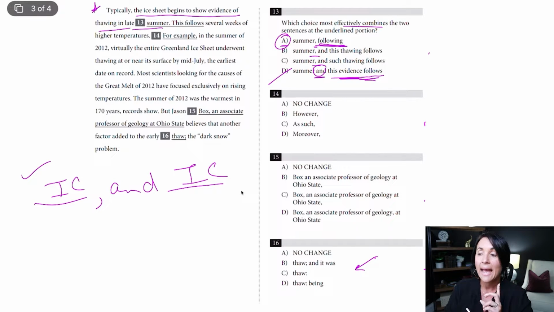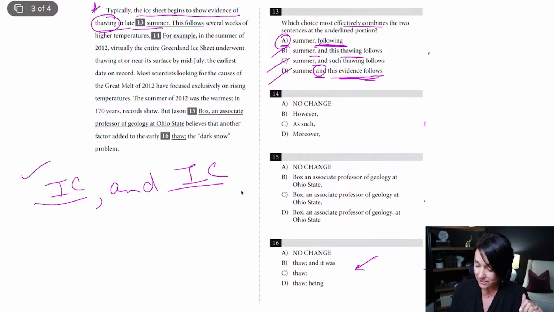However, we have thawing and then we have thawing. And remember what we just talked about, redundancy and being overly wordy. So B is going to be out and C is going to be out for the same reason, because it talks about it again. So the shortest, simplest, easiest, briefest, I don't know, is briefest a word? The most brief answer choice is going to be A, and that is going to be the best one. Remember, be brief. That's very important in your writing and very important on a grammar exam.